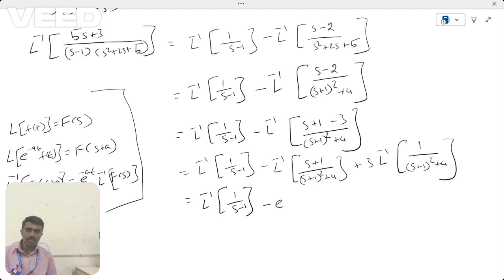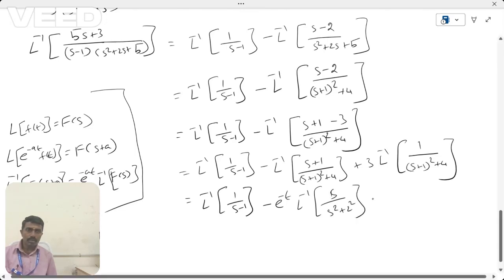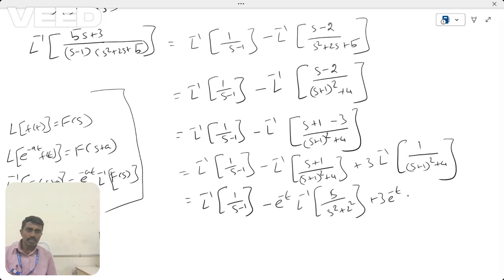So e power minus t times L inverse of s by s square plus 2 square, plus 3 L inverse of 1 by s square plus 2 square, where 4 can be written as 2 square; here also we apply the first shifting property, so e power minus t.